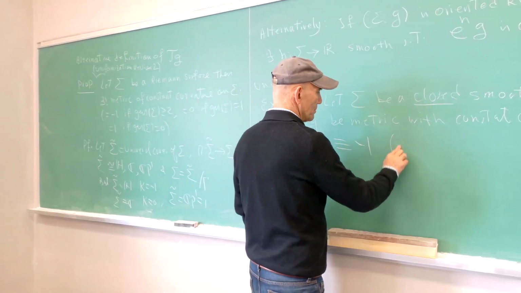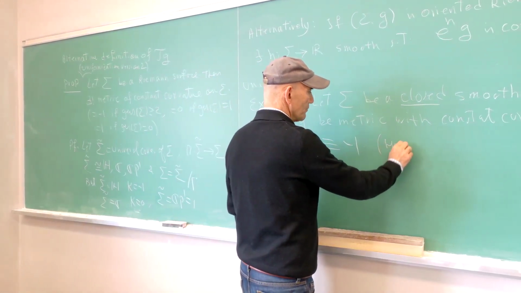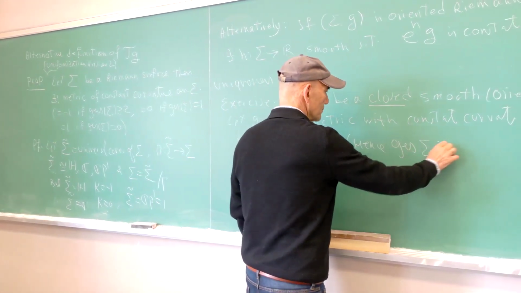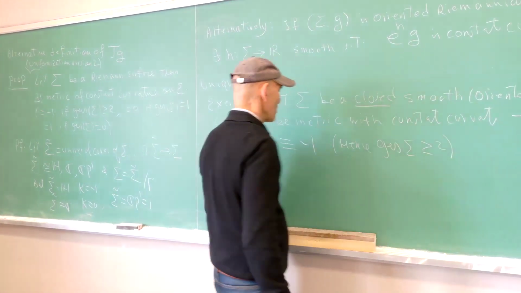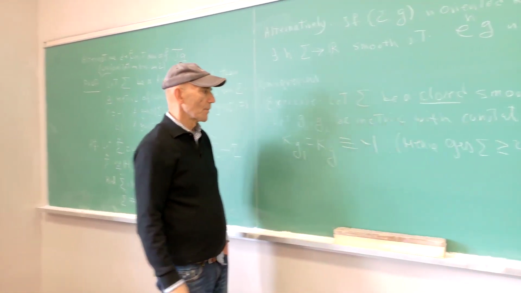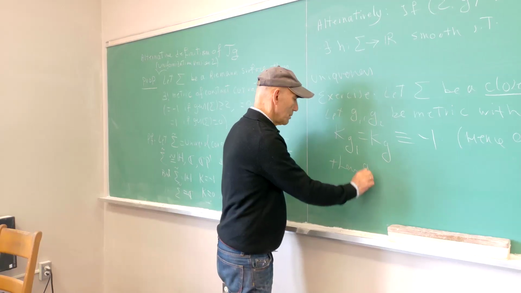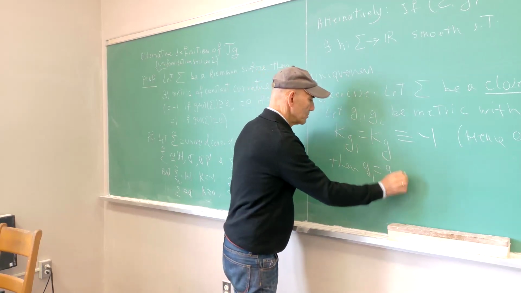So in particular, the genus of this surface is bigger than or equal to 2. Then G1 is equal to G2.